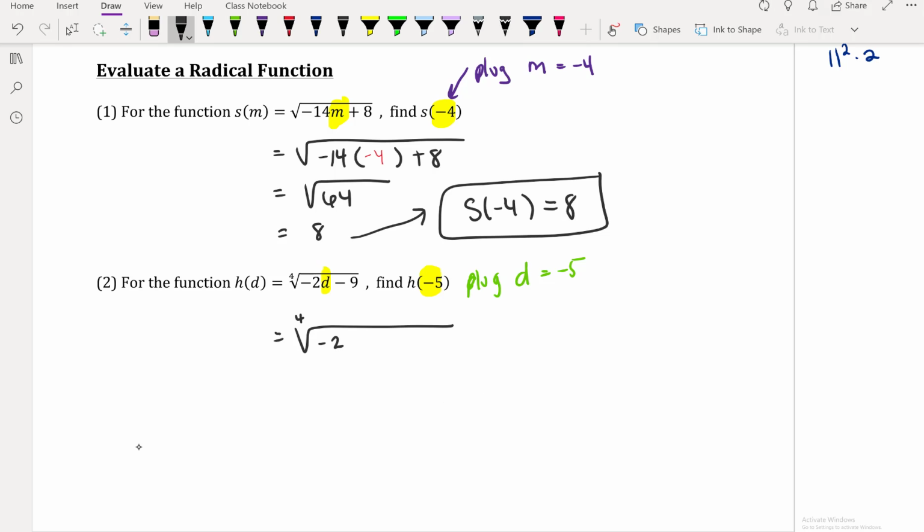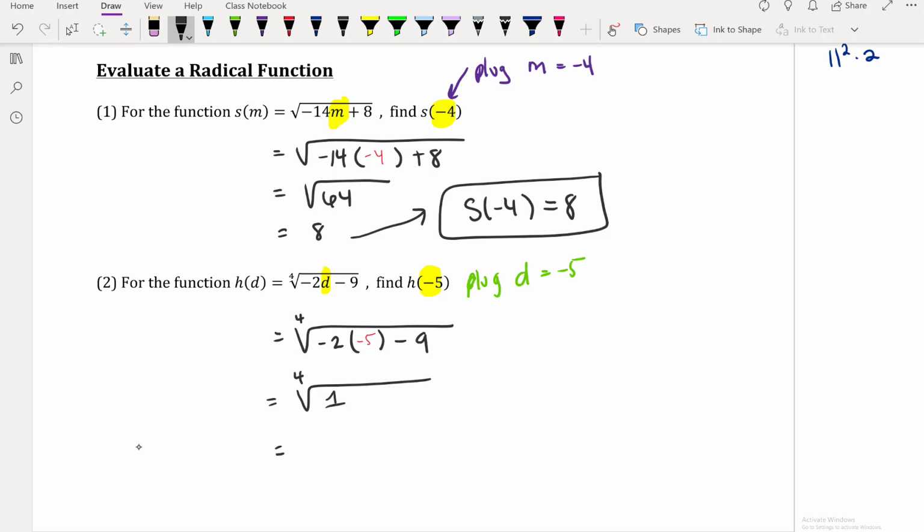So I have a -2 parentheses -9. What I'm plugging into that parentheses is that -5. So I'm going to have -2 times a -5 minus 9, and I can use my calculator for this. So this is going to equal the 4th root of 1.